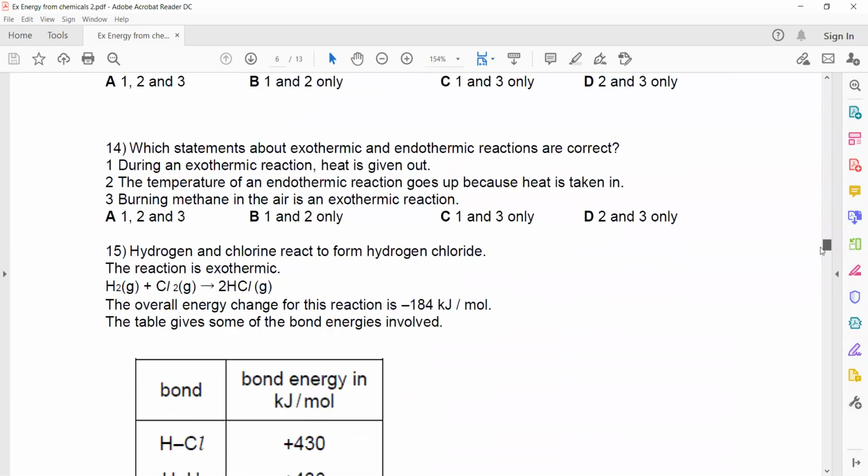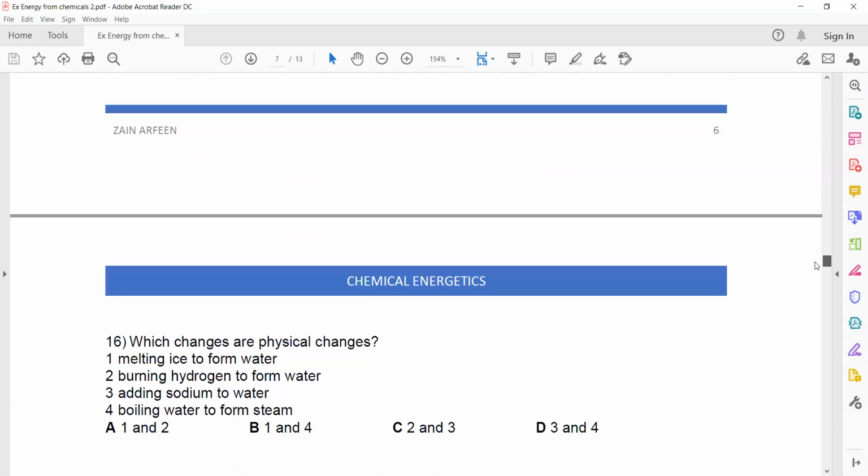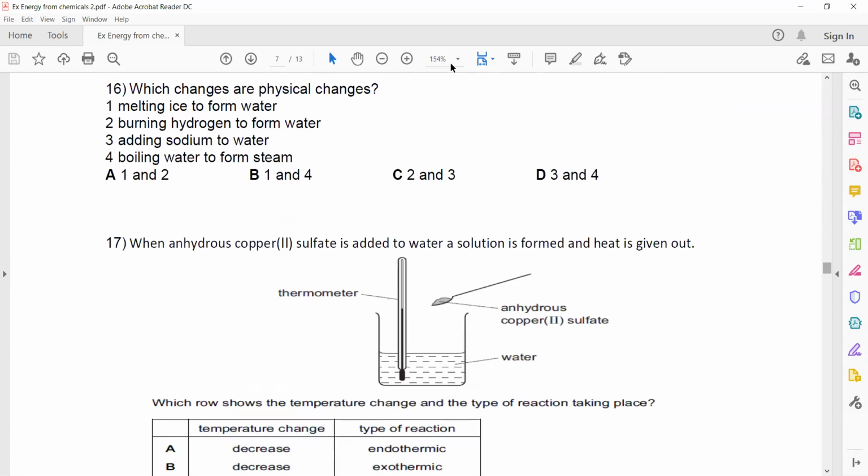The moment copper sulfate dissolves in or mixes with water, the copper sulfate particles release energy. That energy is initially absorbed by the water, so the water temperature will increase. Then the water will lose energy to the surroundings, but that's the later part. The moment you add anhydrous copper sulfate, the water absorbs energy, so the temperature will increase.